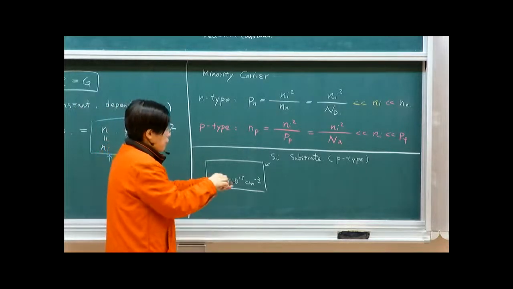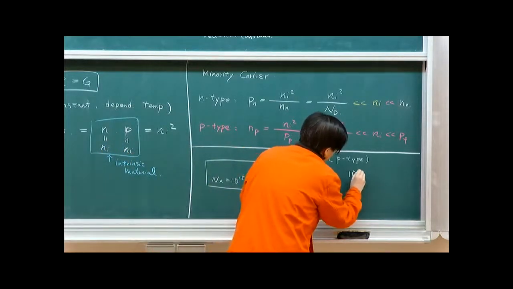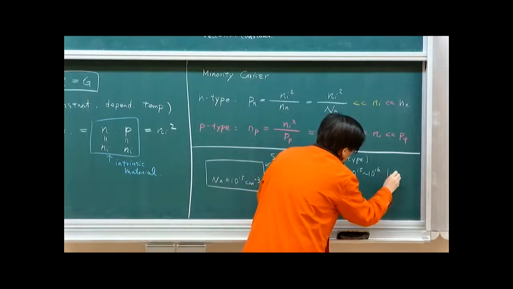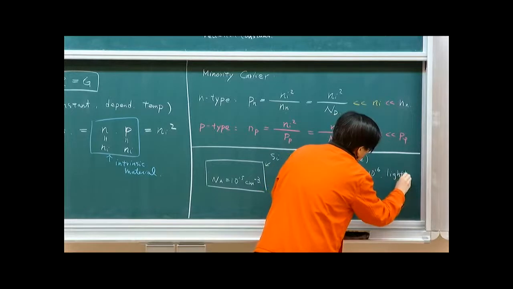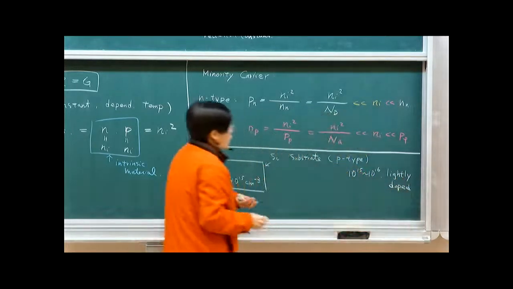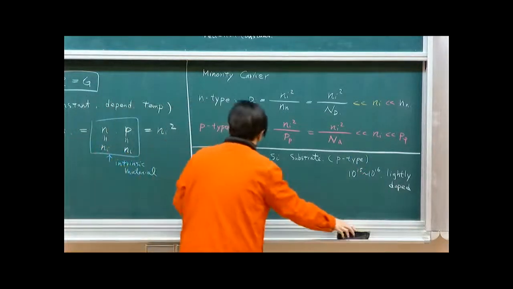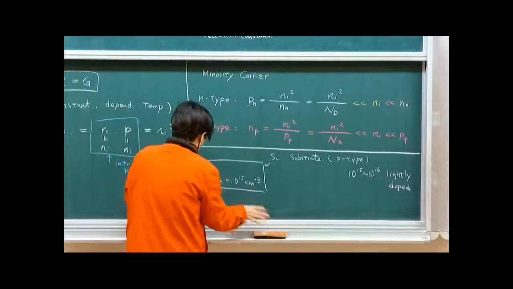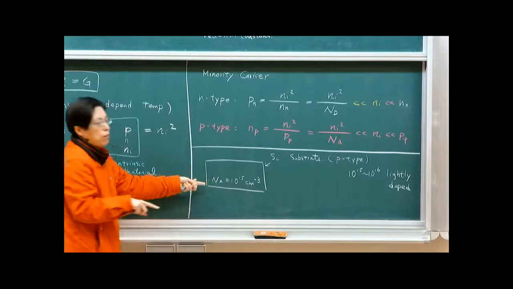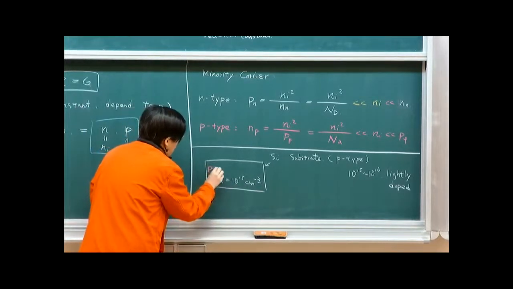So 10 to the 15 to 10 to the 16th is typically referred to as lightly doped. Sometimes you will see something labeled as, I'm doping it with 10 to the 15, it's lightly doped, so it's typically referred to as a P minus version.